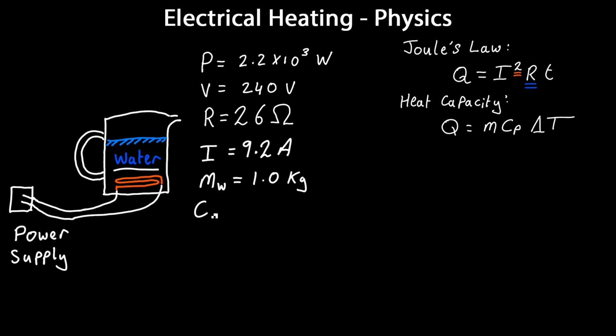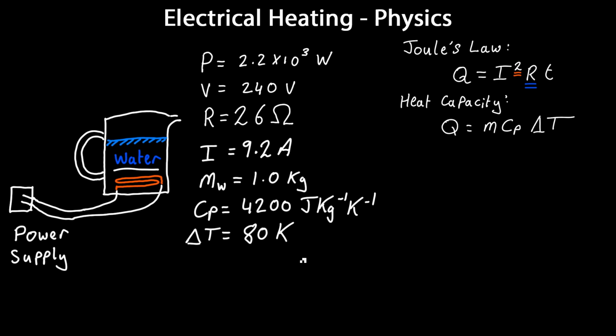The heat capacity of water at constant pressure is 4,200 joules per kilogram per Kelvin. And the change in temperature is 80 degrees Celsius, or 80 Kelvin, which is simply 100 degrees minus 20 degrees.